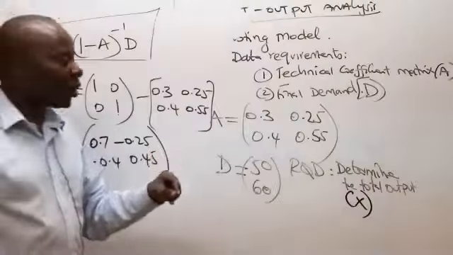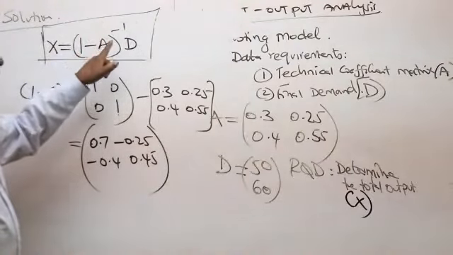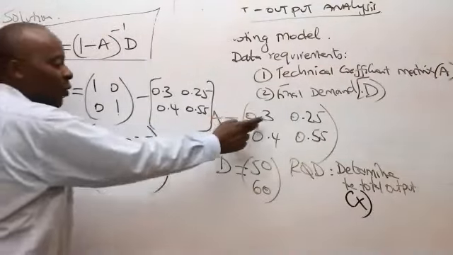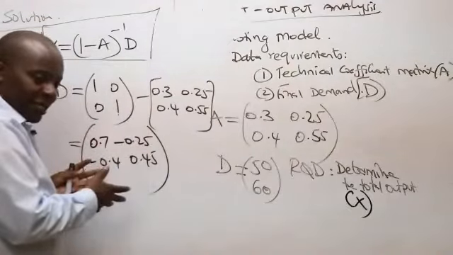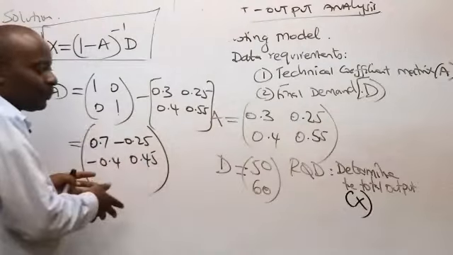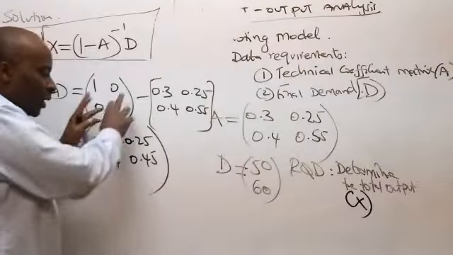Thank you very much. Because this raised to minus 1 means inversion. So remember, we are not getting the inverse of A, we are getting the inverse of I minus A. Thank you very much, James. It is the one that we have just subtracted here, the result of our subtraction.